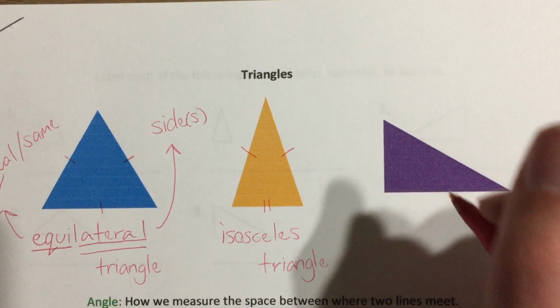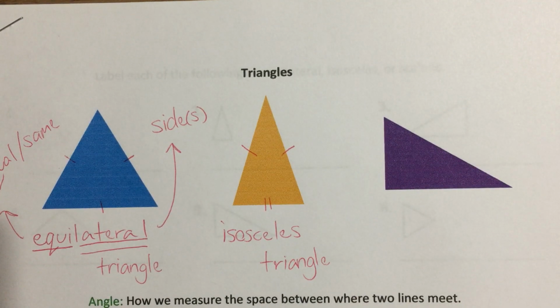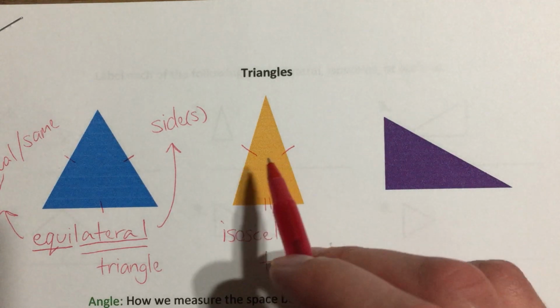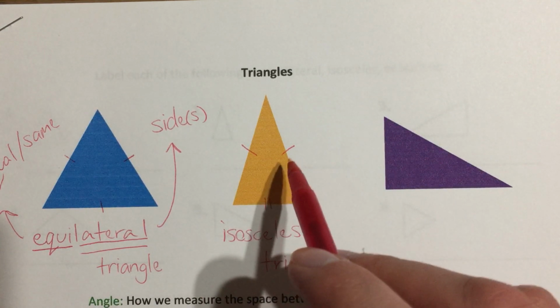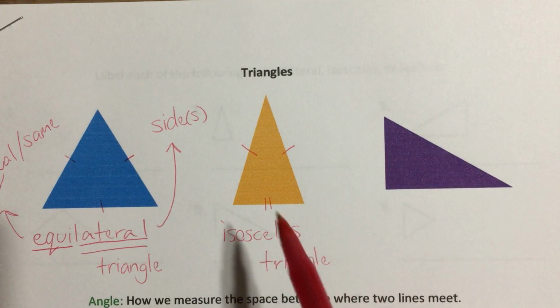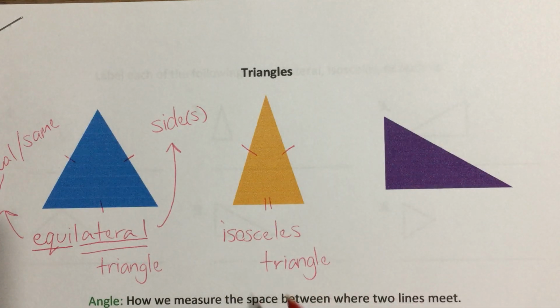Now, this one may have some roots that I'm not sure about, but probably the easiest way that I have ever heard to remember that this is an isosceles triangle with two sides of the same length is something that I learned way back in the Stone Age when I was in 6th grade. We were talking about triangles, and my math teacher at the time, and I will call her out, Mrs. Elias, told us that the way she remembers an isosceles triangle is to say, I saw some leaves and two of them were the same.